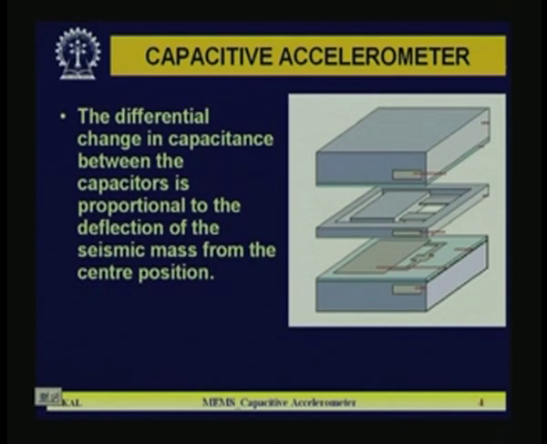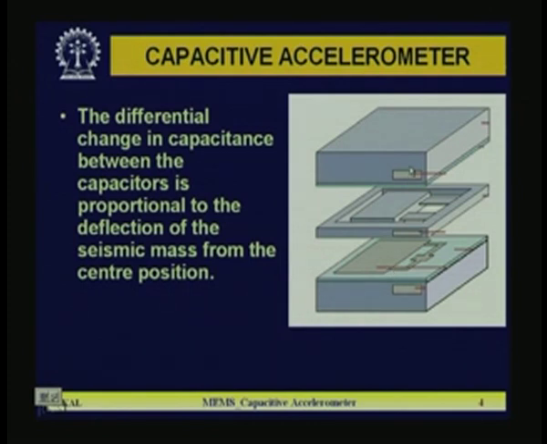Now, the differential change in capacitance between the capacitors is proportional to the deflection of the seismic mass from the center position. Obviously, if the seismic mass, which is at the central position, moves upward, then the gap between the top electrode and seismic mass will be less, and the gap between the seismic mass and bottom electrode will be more.